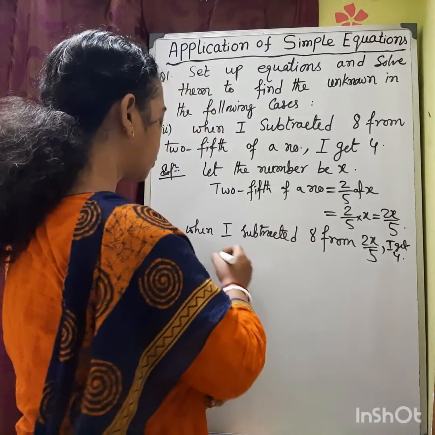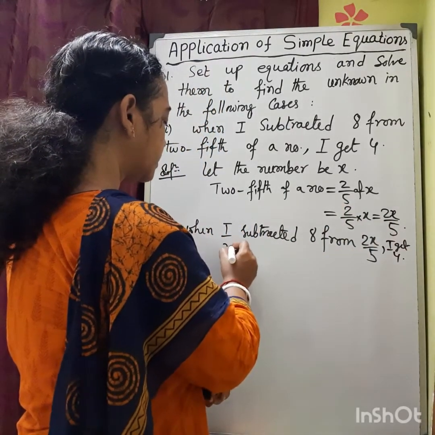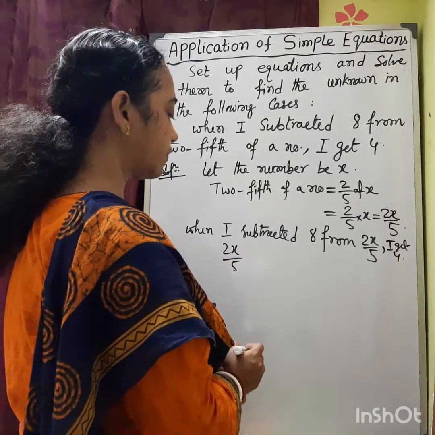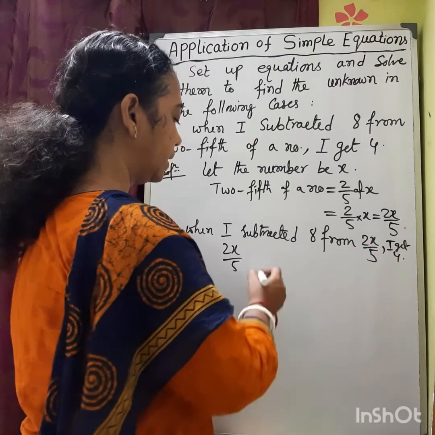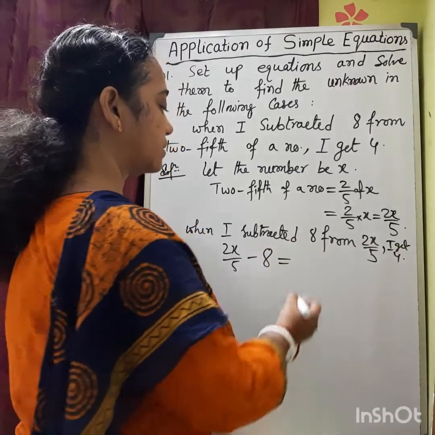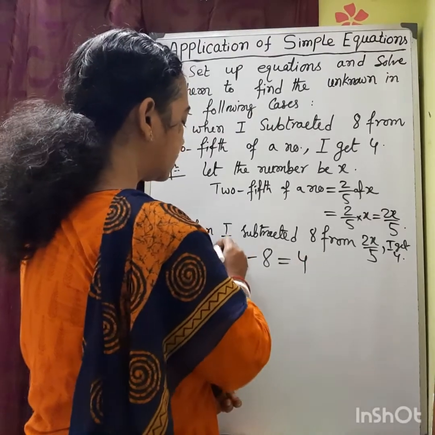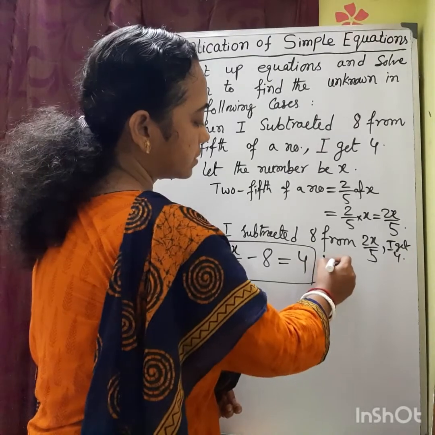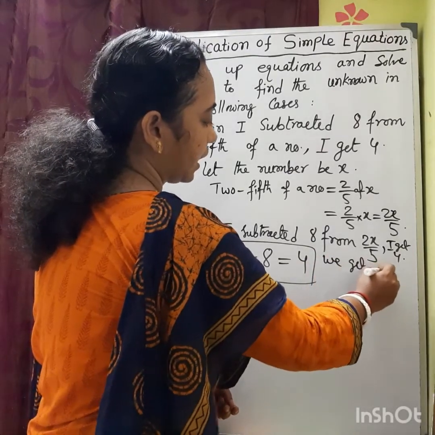So we can write it as 2x by 5 minus 8, and the result is 4. So an equation is formed here.